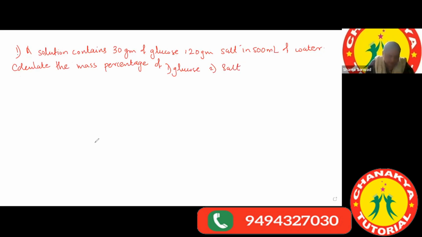And for that they have given you what? Density of water, that is equal to 1 gram per ml. Correct?